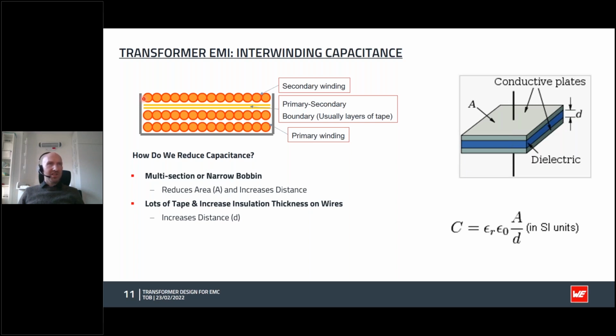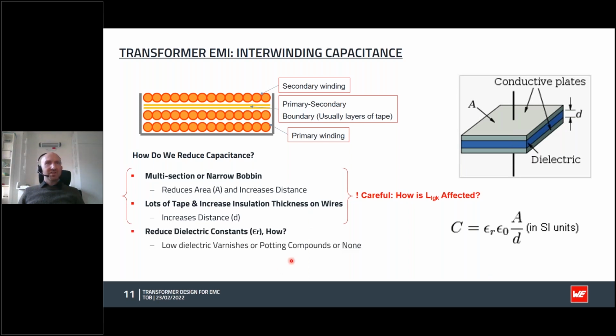If that insulation gets thicker, then we increase this distance between the copper plates of this parallel plate capacitor. But there's a note of caution here. All these measures will increase the leakage, and the leakage is a killer for efficiency in the transformer, so it comes at a price.